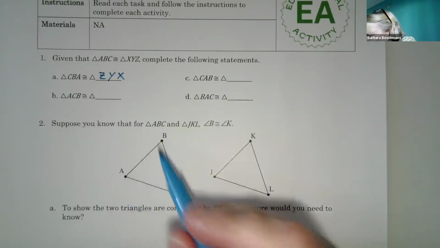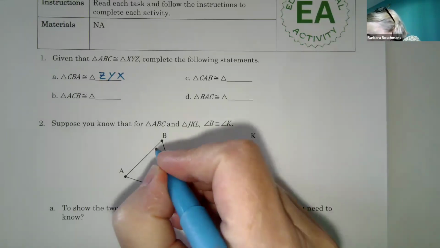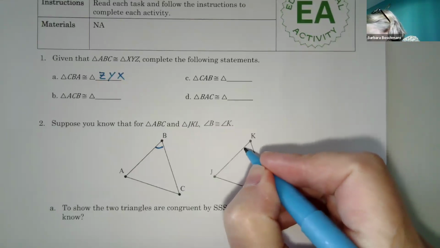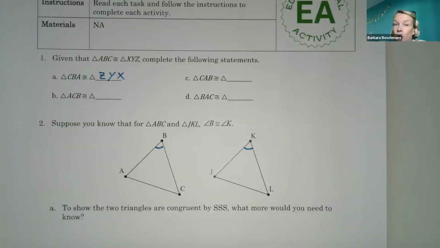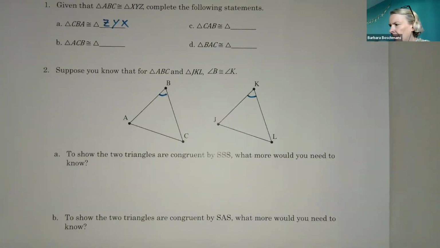Suppose you have a triangle ABC and you have JKL, and you know angle B and angle K are congruent. So you know one pair of corresponding angles are congruent. If you want to show the two triangles are congruent by side, side, side, what more would you need to know? Well, if it's three sides, then you're going to have to make a statement about the three corresponding sides.